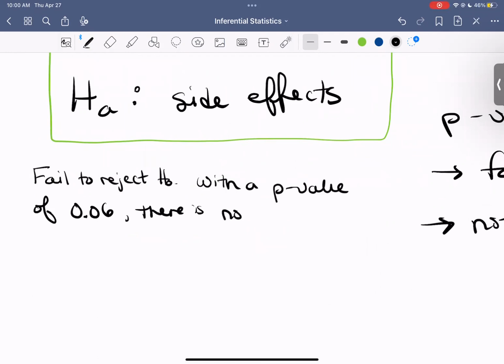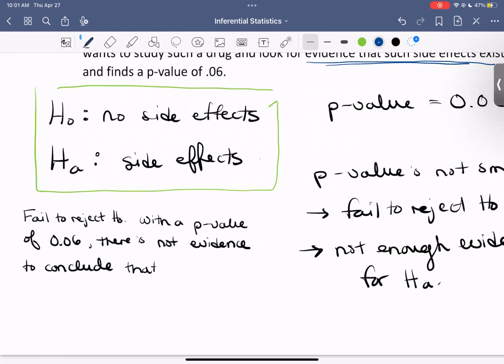There is not enough evidence to conclude that such side effects exist. So we fail to reject that there are no side effects. And we can't conclude that there then are side effects.